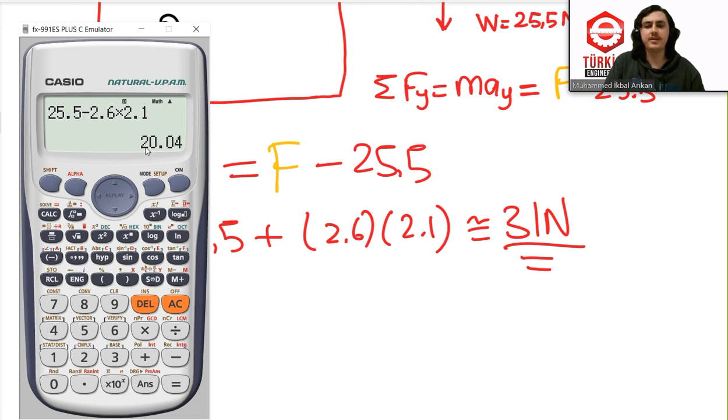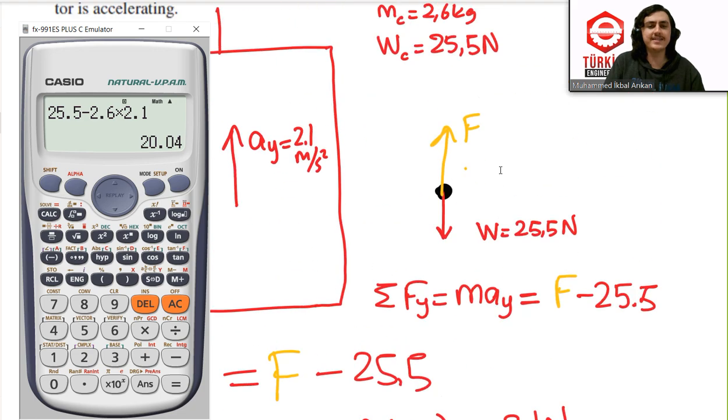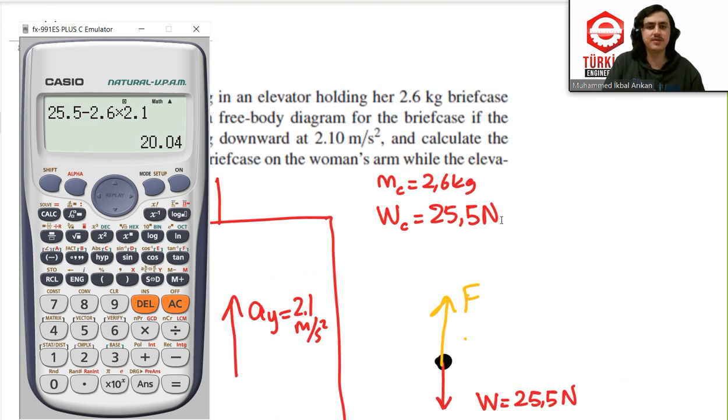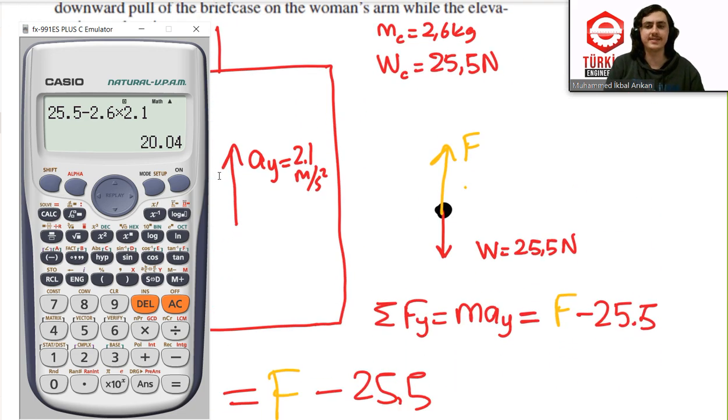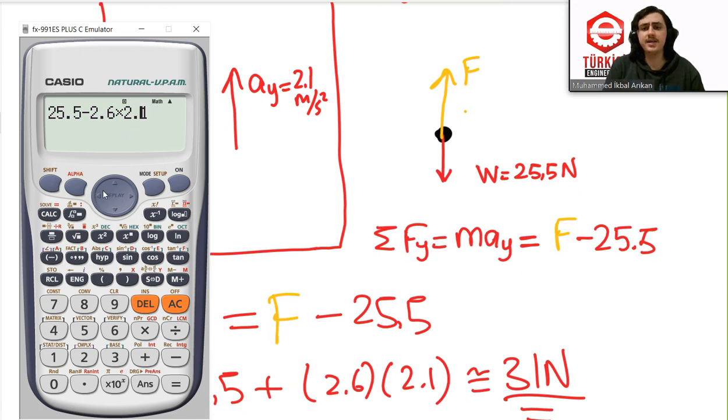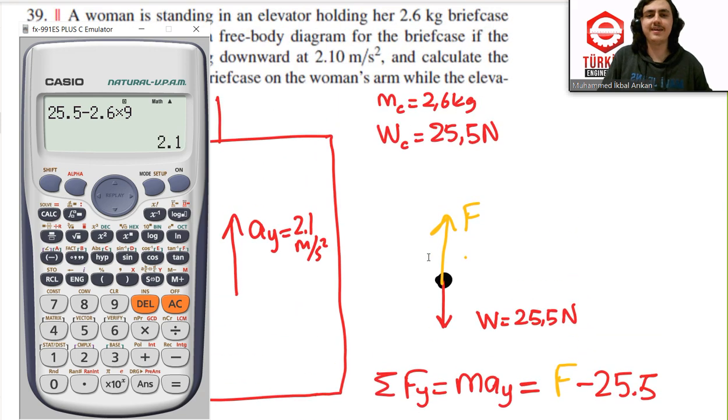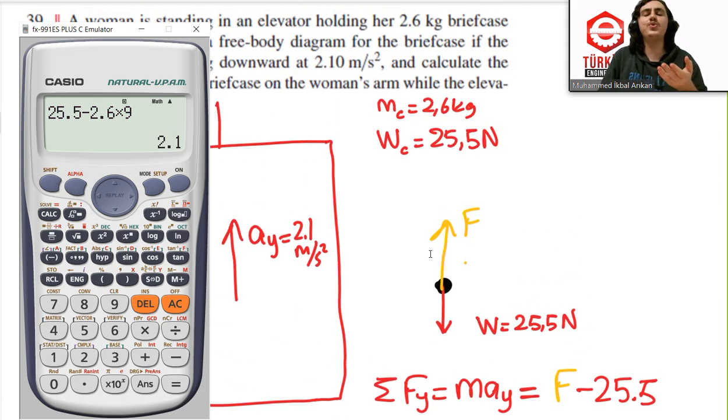She will feel less weight. So as you see, just 5.5 newtons less. This is the acceleration, right? 2.1. Let's say that our acceleration downward was just 9, so very near to free fall. What will you see? You will see that actually you will feel just 2 newtons.